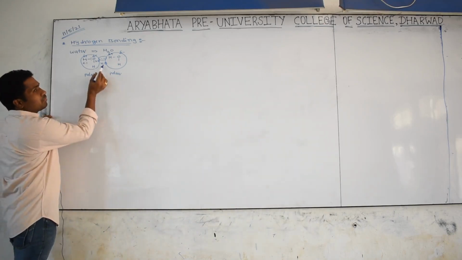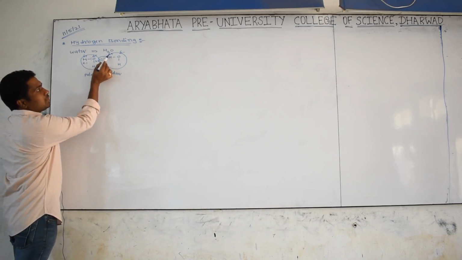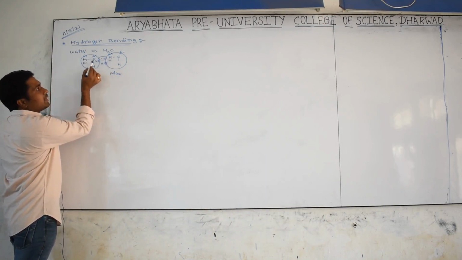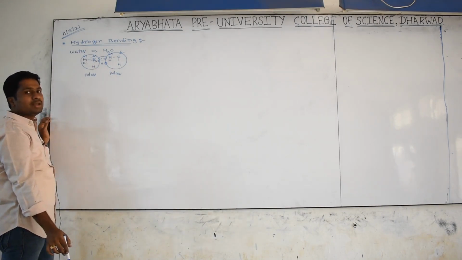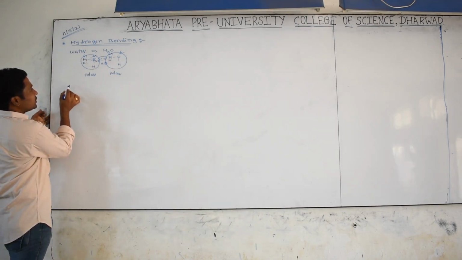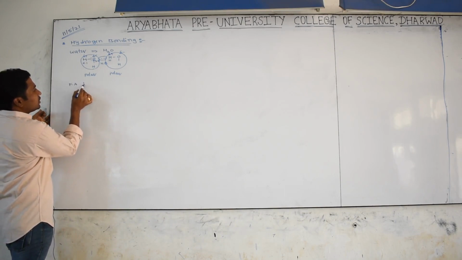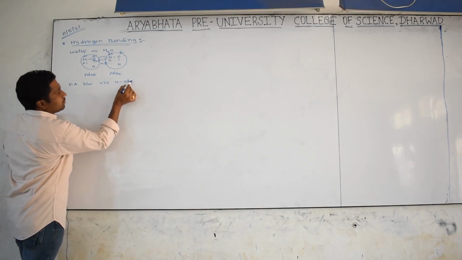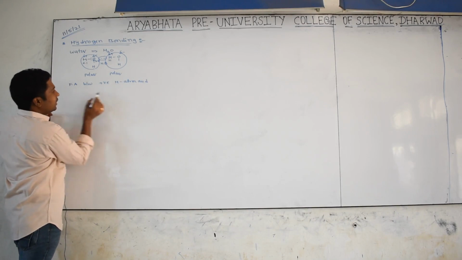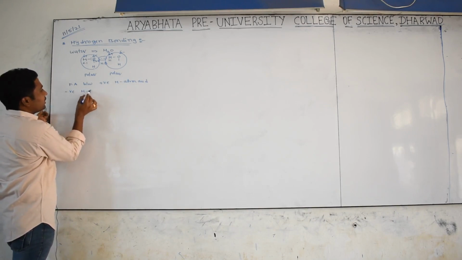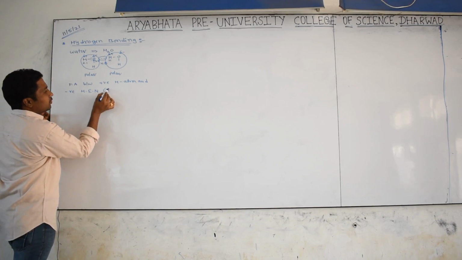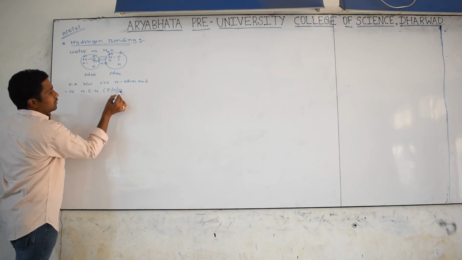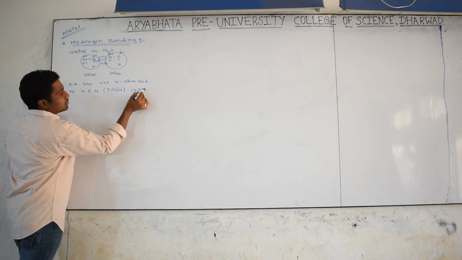Hydrogen bonding means a force of attraction between a positively charged hydrogen atom and a negatively charged highly electronegative element, may be oxygen, nitrogen or fluorine. Such a force of attraction only we call hydrogen bonding. I will write the definition here: the force of attraction between a positively charged hydrogen atom and a negatively charged highly electronegative element, may be fluorine, oxygen or nitrogen, is called hydrogen bonding.